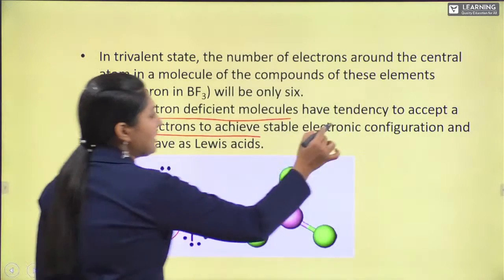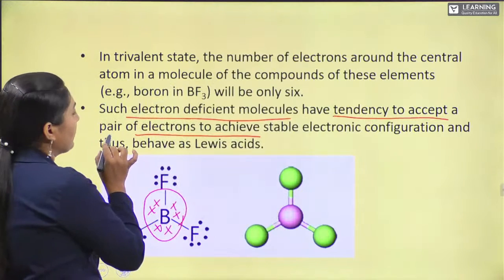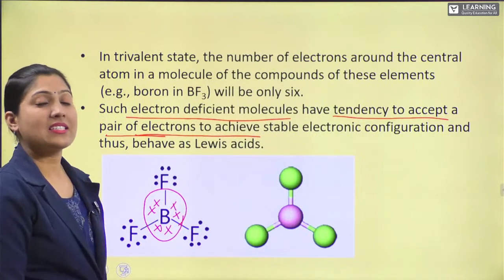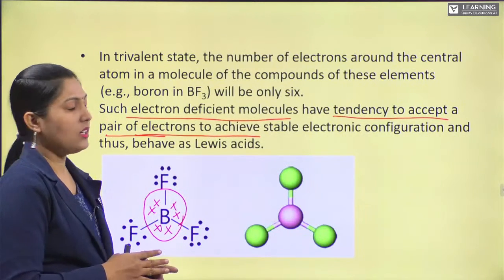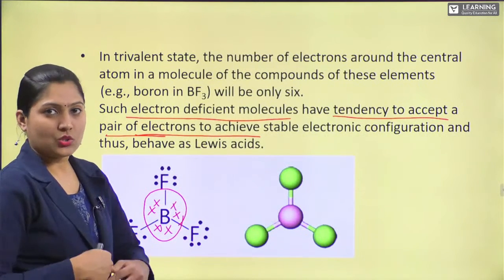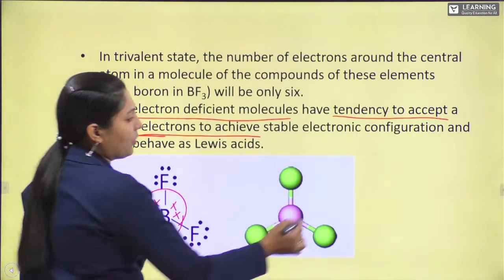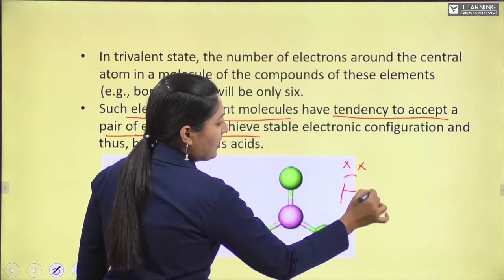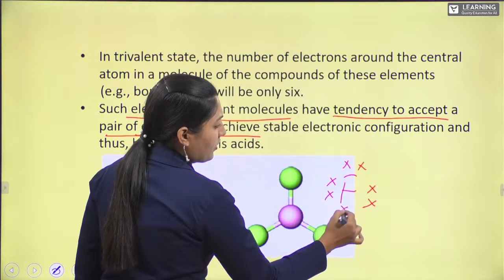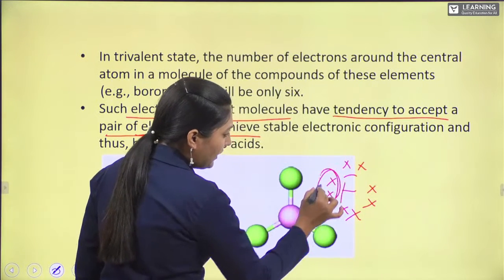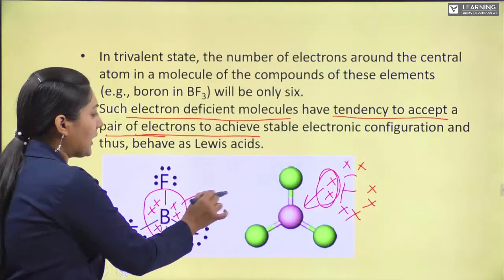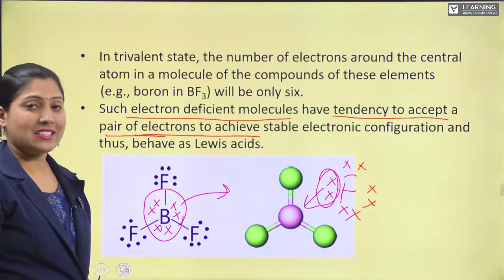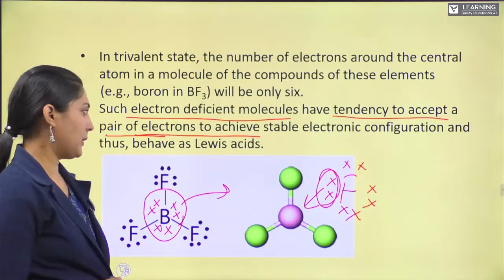So that we call the tendency to accept a pair of electrons to achieve their stability. Hence, to attain the octet structure, they can attract the electron pair. So as I said, fluorine, which is already having 8 electrons, right? This electron pair, it is attracting. Got it? It has a tendency to attract that electron pair such that it attains stability.